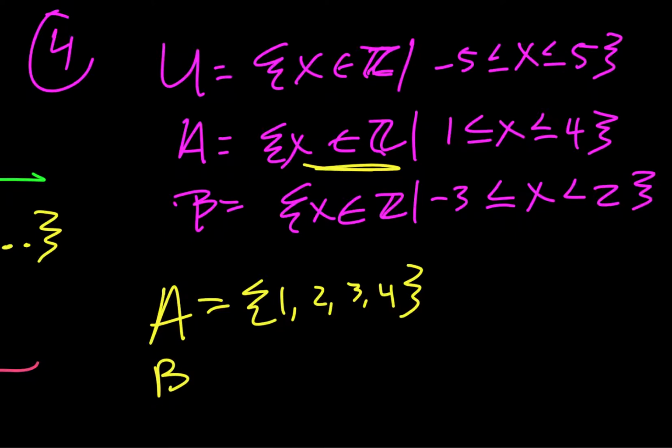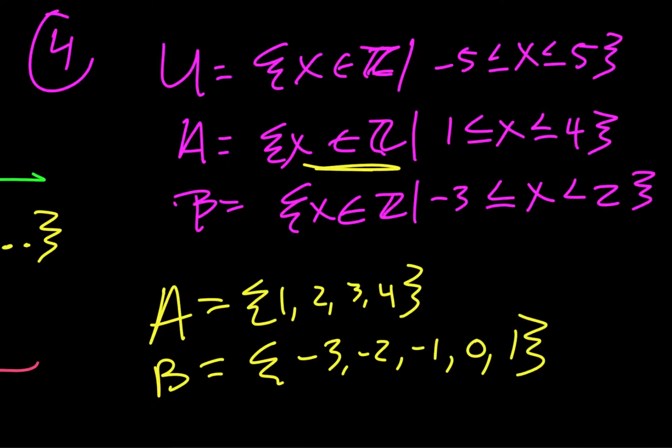And then they want us to do B. Once again, it's integers. We're equal to on the -3, 1, but we're not going to write 2 because we're not equal to right there. And then A complement. So it's everything that's not A. And remember, U is like the universal, so that's like everything that exists.